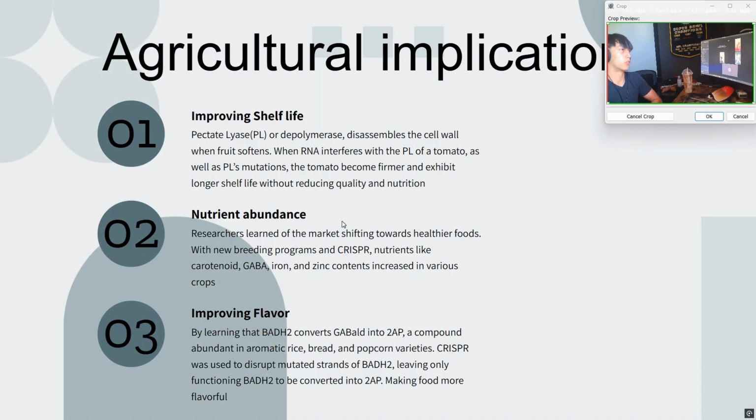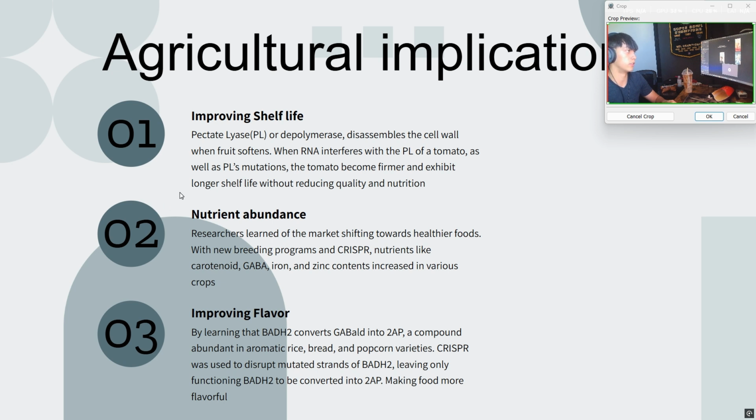It has some agricultural applications like depolyamerase, which disassembles the cell wall of fruit when it softens. RNA can interfere with the production of depolyamerase, which can make a tomato have a longer shelf life and become firmer, but it won't make it taste bad or influence its nutrition. It can also make fruits that have abundant nutrients like carotenoid, GABA, iron, and zinc contents.